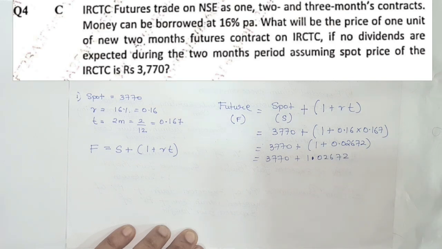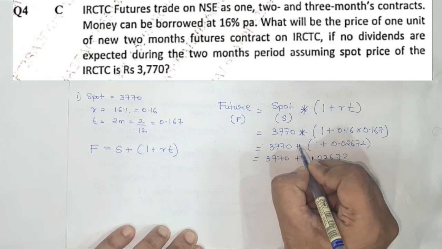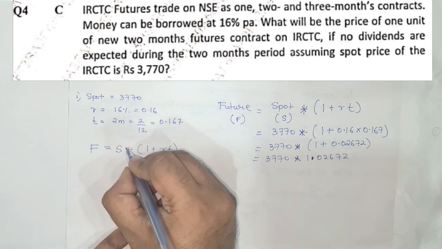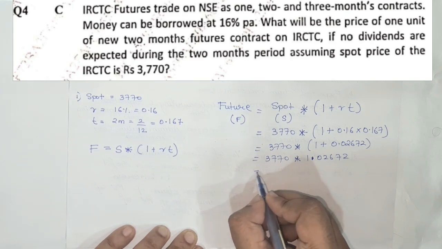On the calculator, we multiply this with 3770. By the way, this is multiplication, not plus, so just remember that. We multiply with 3770.